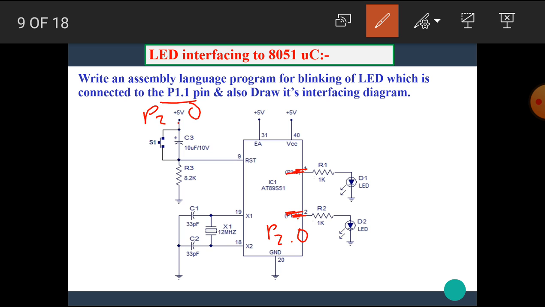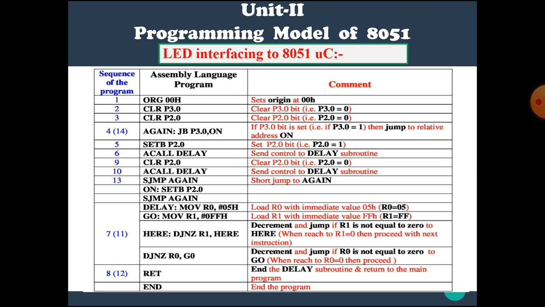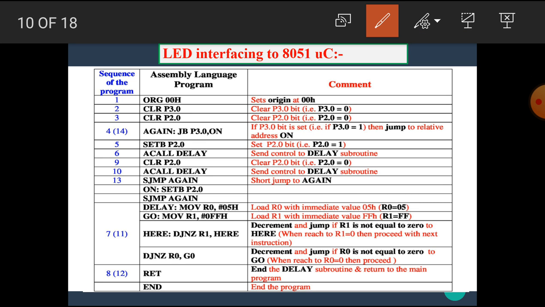Make this correction. Here, this pin is P3.0. I hope you all understand the fault. Now this is the assembly language program to blink the LED which is connected at the P2.0 pin of the 8051 microcontroller.